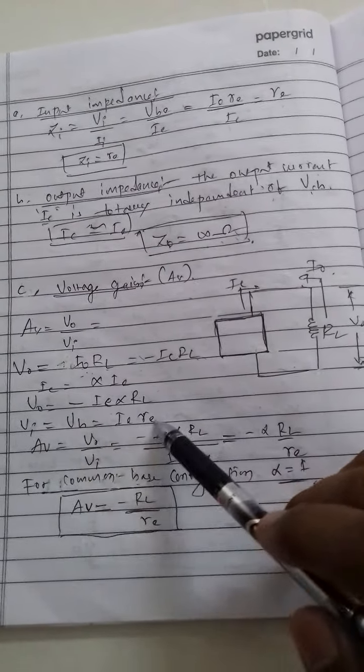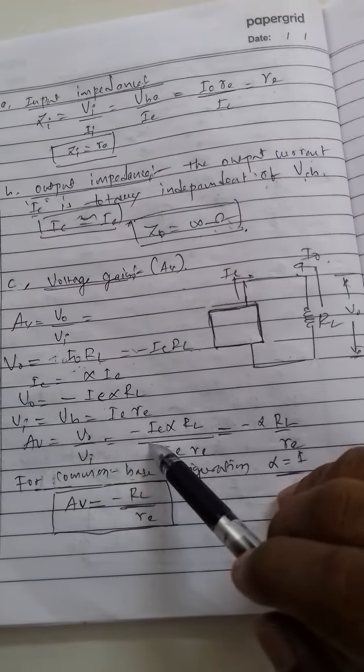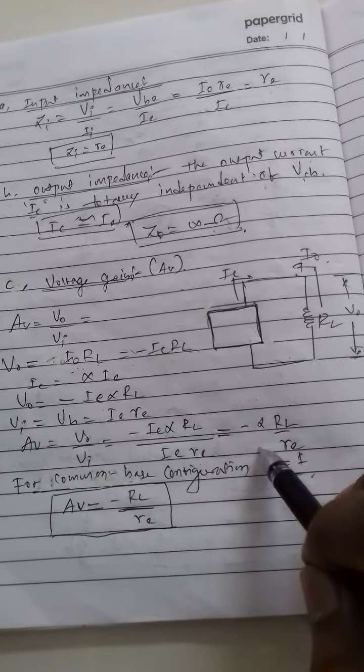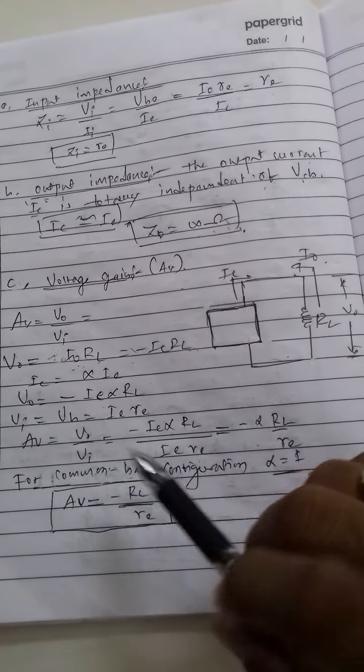Input voltage is equal to IE RE. Output voltage upon input voltage is equal to minus IE alpha RL upon IE RE, which is equal to minus alpha RL upon RE.